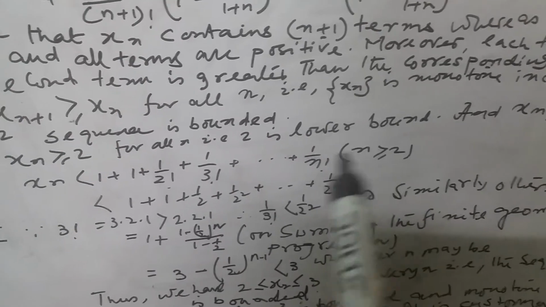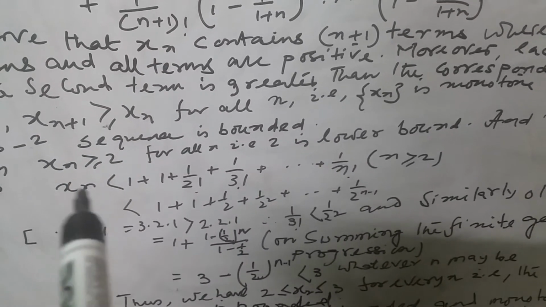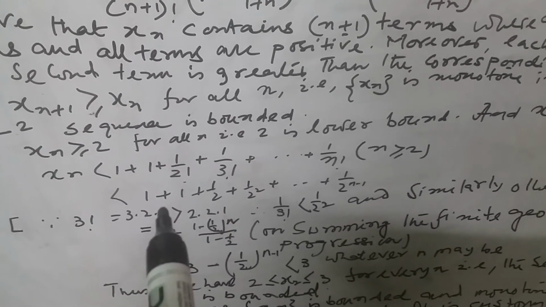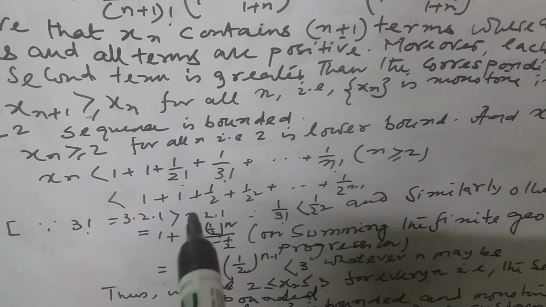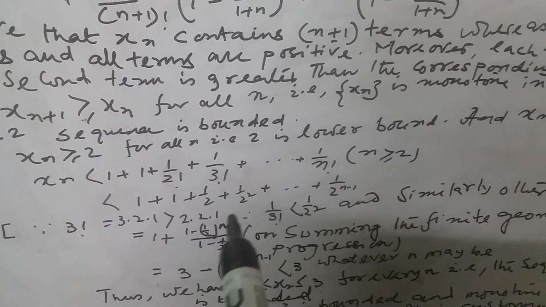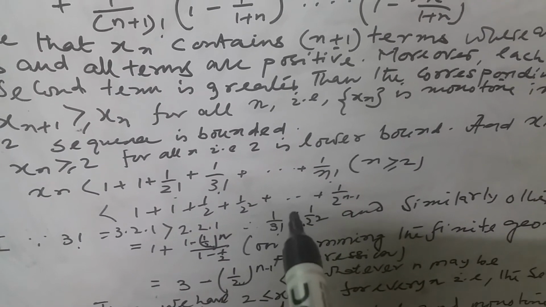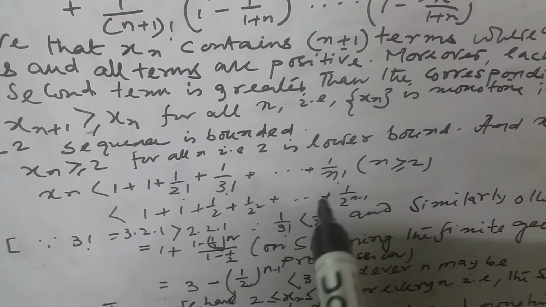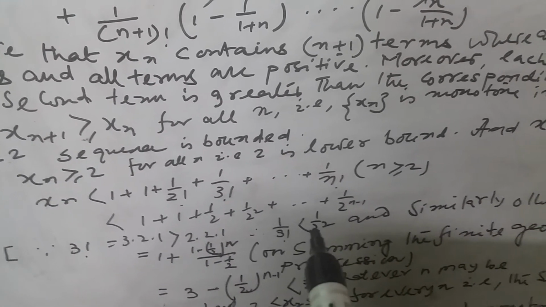Now factorial 3 means 3 into 2 into 1, which is greater than 2 into 2 into 1, and if you divide, the inequality goes in the opposite direction. That's why 1 by factorial 3 is less than 1 by 2 square.